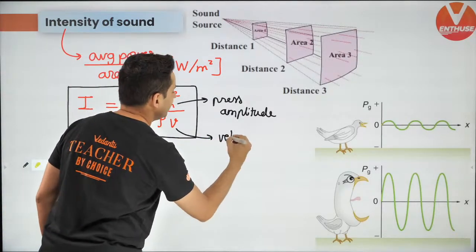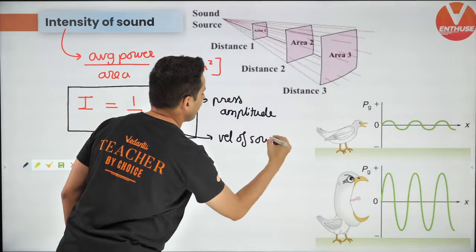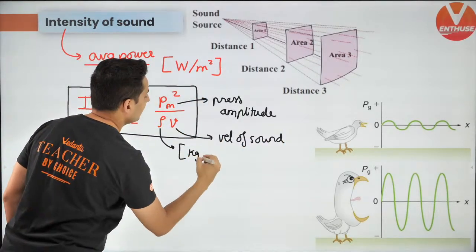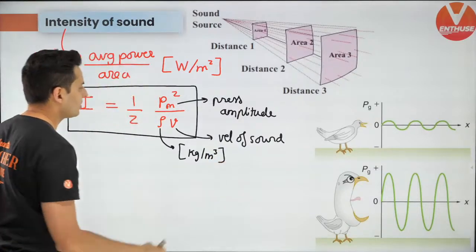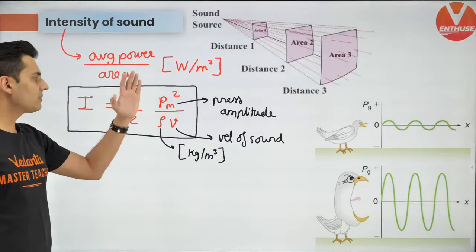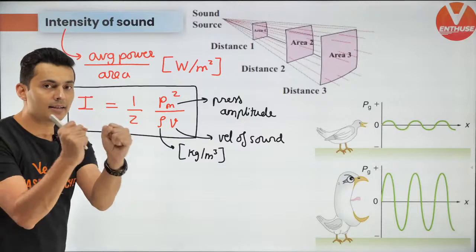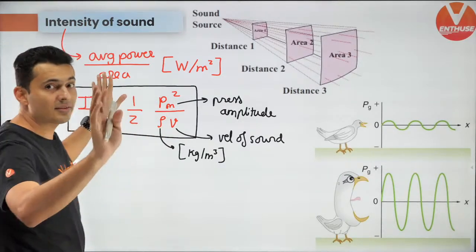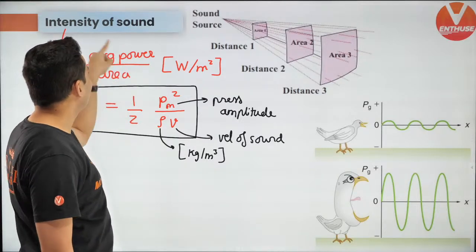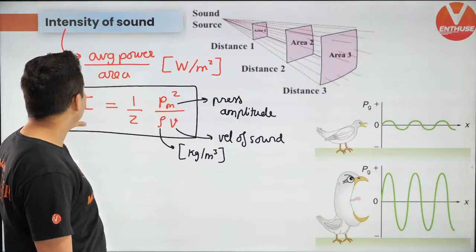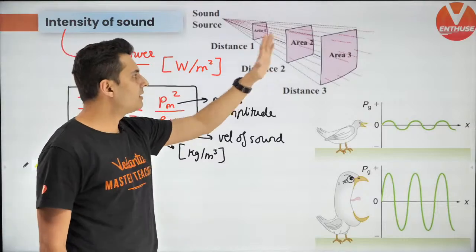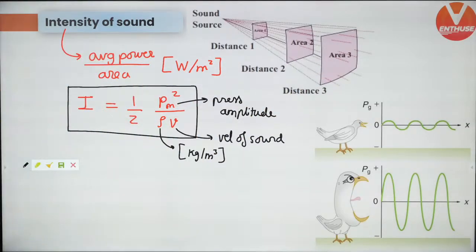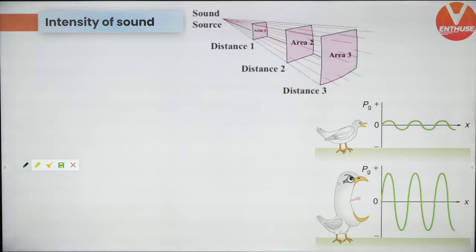And V is velocity of sound, obviously. And rho is density, which is in kg per meter cube usually. So keep this in mind. Half PM square by rho V is the intensity, how intense the sound is. And it is power by area. So if somebody gives you intensity, you can find power by multiplying intensity with area. So intensity into area gives you power which is flowing through that area. Keep this in mind.